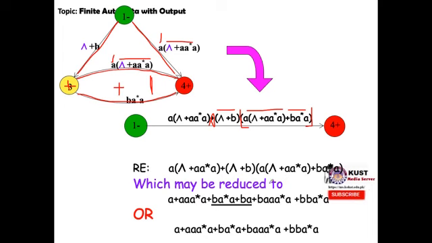Which can be further reduced to this one. How do we reduce it?